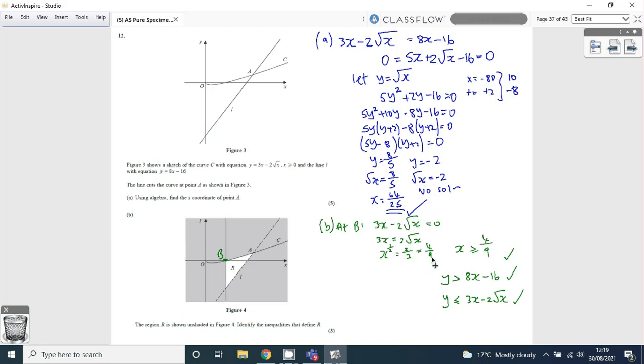What I should say is therefore x equals 4/9. Okay, sorry. Obviously 2/3 doesn't equal 4/9. So x to the half equals 2/3. So x equals 4/9 at point B. So the inequality is all the points to the right of that. So that's x being greater than or equal to 4/9.